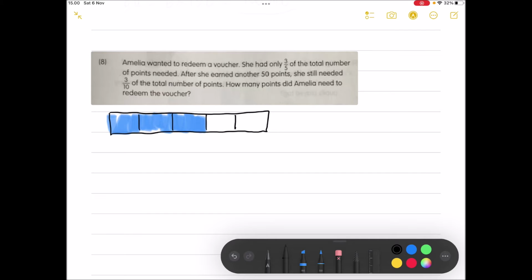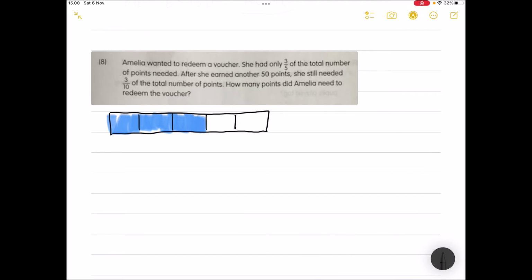After she earned another 50 points, she still needs 3/10. So you know that these 2 white boxes, which we don't have any color for, is what is left, right? The points that she needs. From the points that she needs here, she received 50.